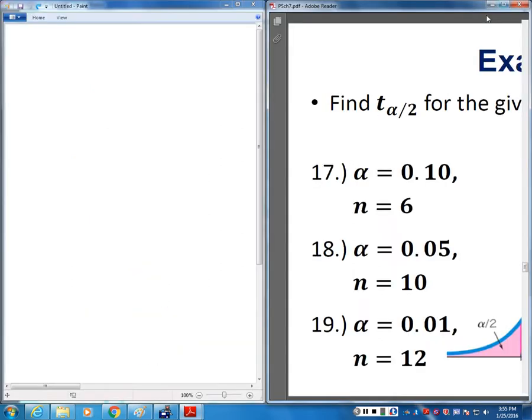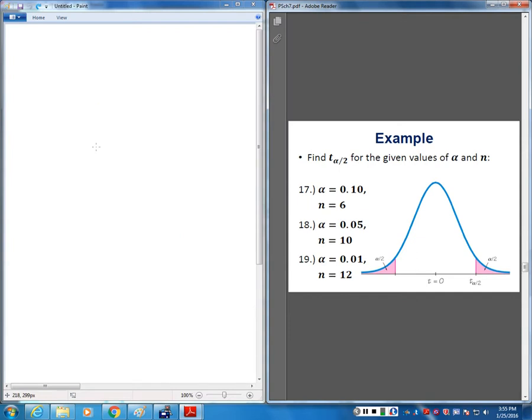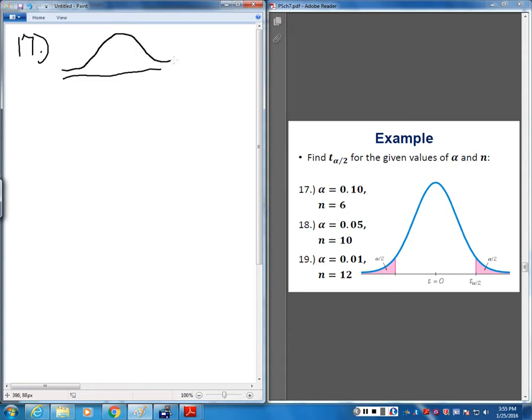This means, if I were to sketch this out, half of alpha is in each tail, so 0.05 is in the right tail, 0.05 is in the left tail.